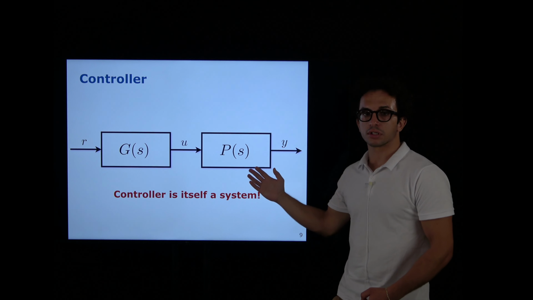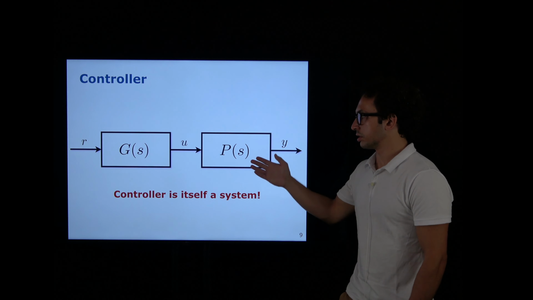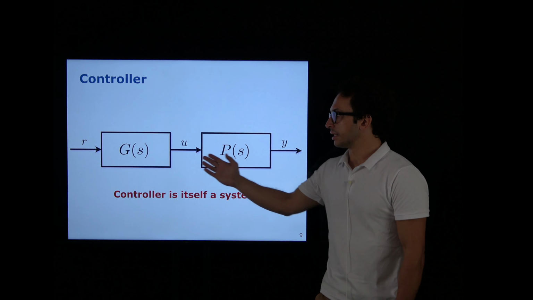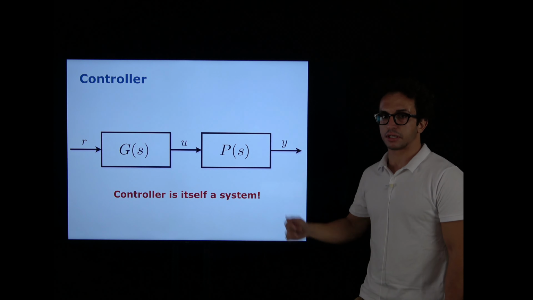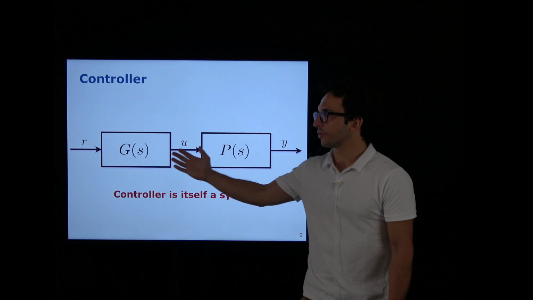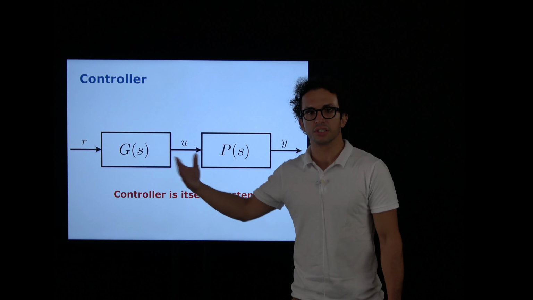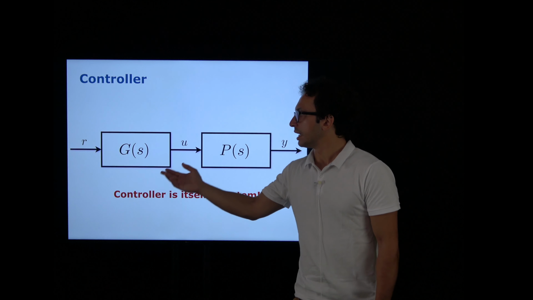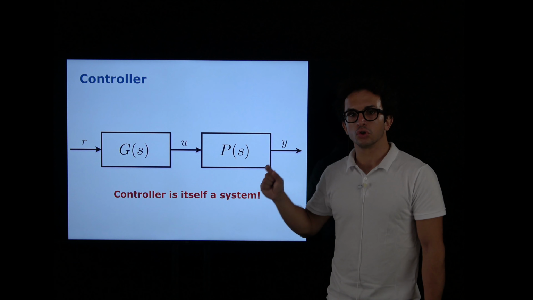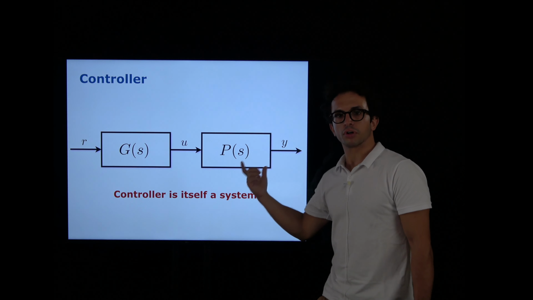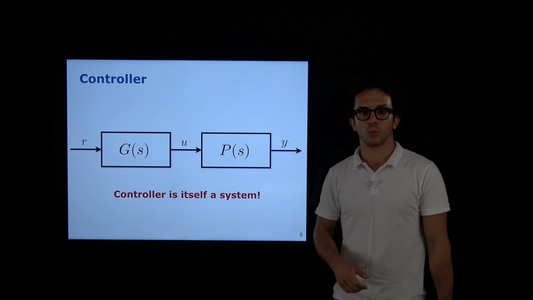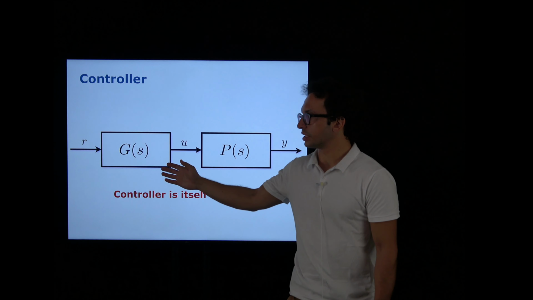So we have the process, the system that we're trying to control, which takes an input and gives an output. And what we want from the controller is basically to take an input, which is the desired reference that we want, and give an output, which is the perfect input for the process to be controlled in a certain way. So basically, the controller is itself a system.